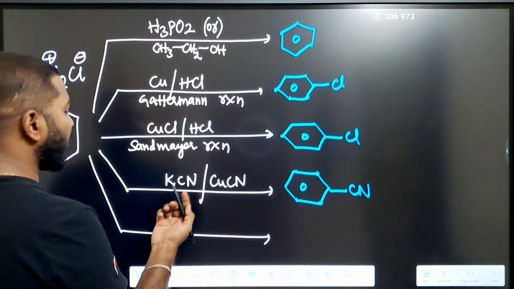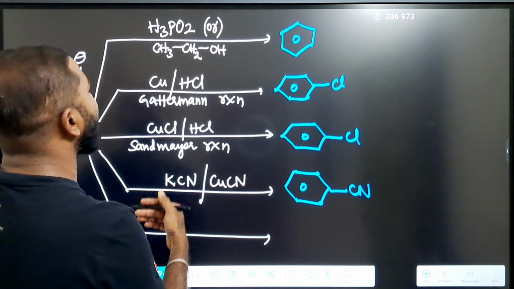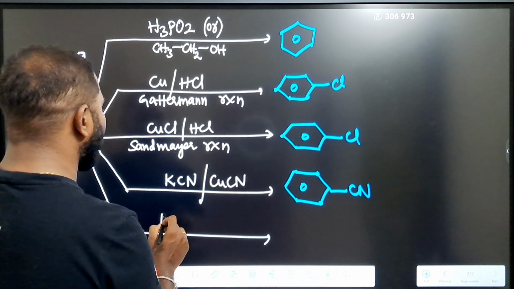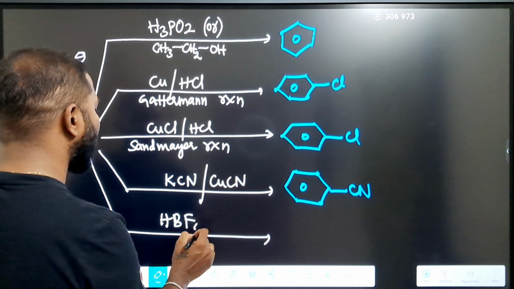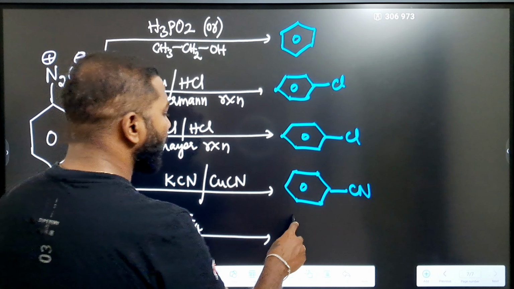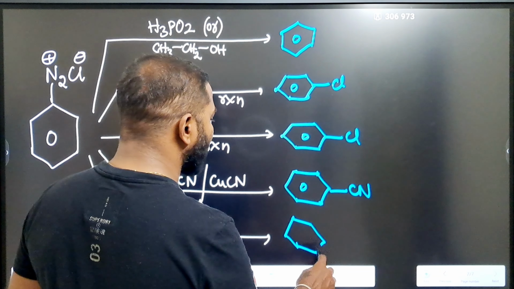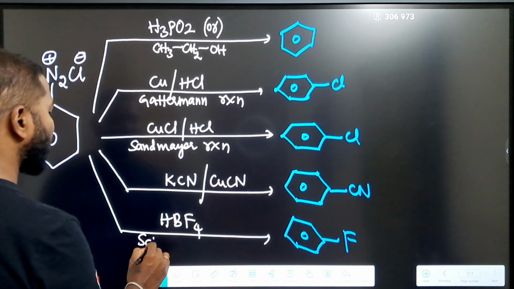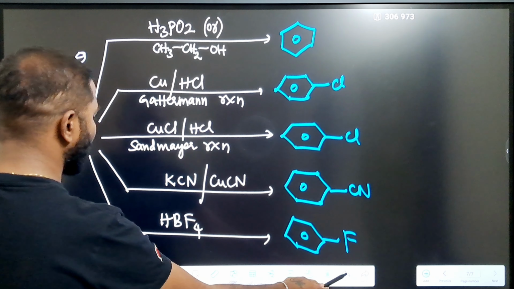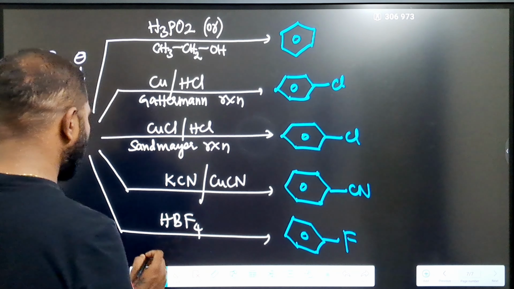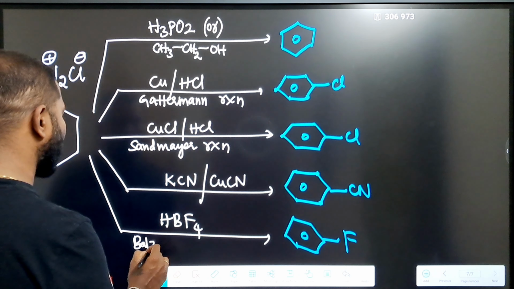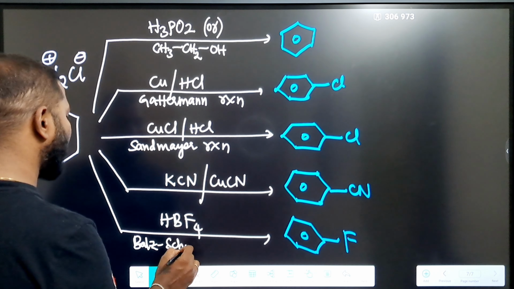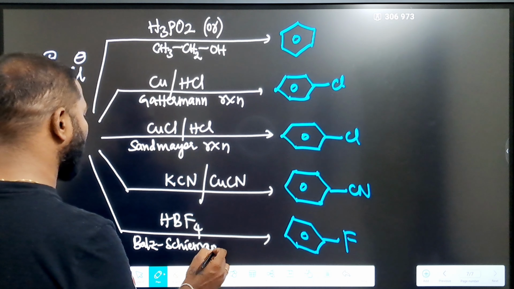And then next, if you take HBF4, that is hydrofluoroboric acid, we are going to prepare fluorobenzene in this reaction, where this reaction is called Balz-Schiemann reaction. Yes, very famous and very important.